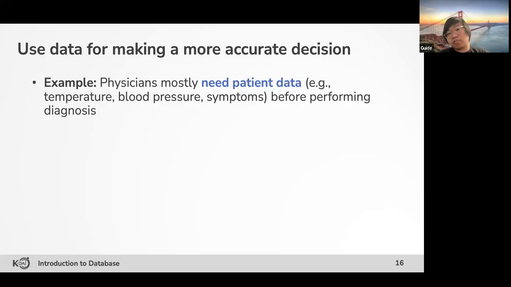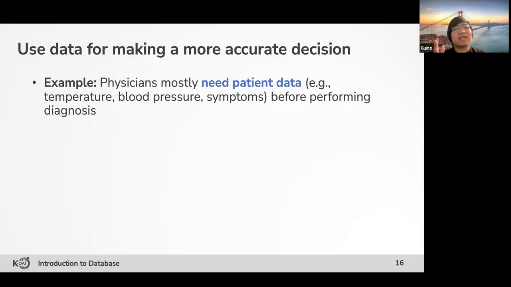Those things, those machines, those instruments will get the data from you. And those data, temperature, blood pressure, symptoms, are given to physicians, and they will use it to make a decision about what your illness is, right?